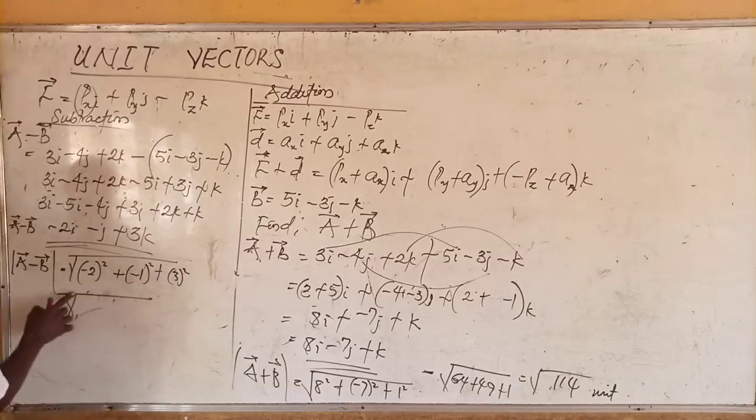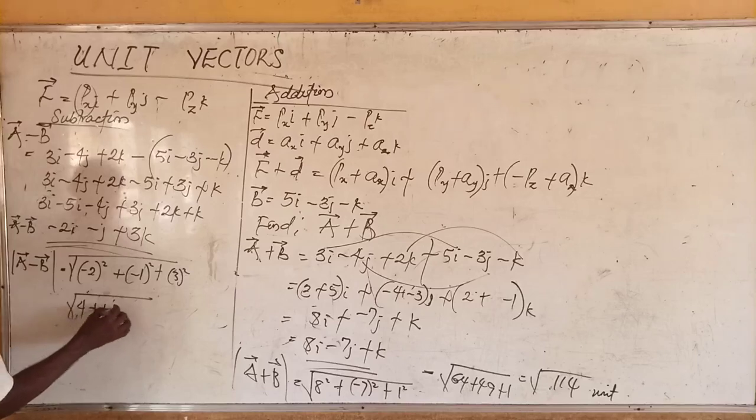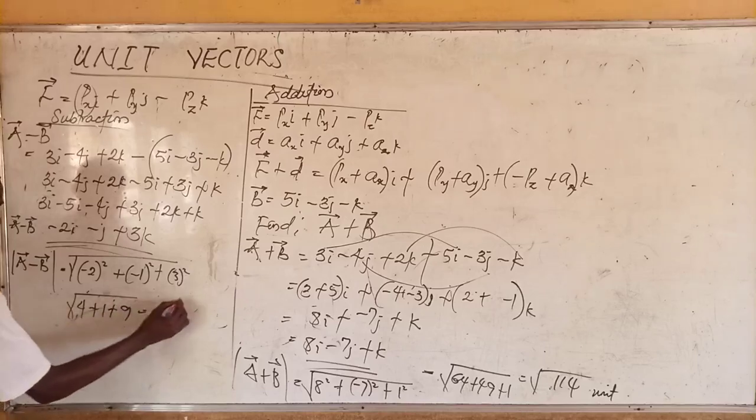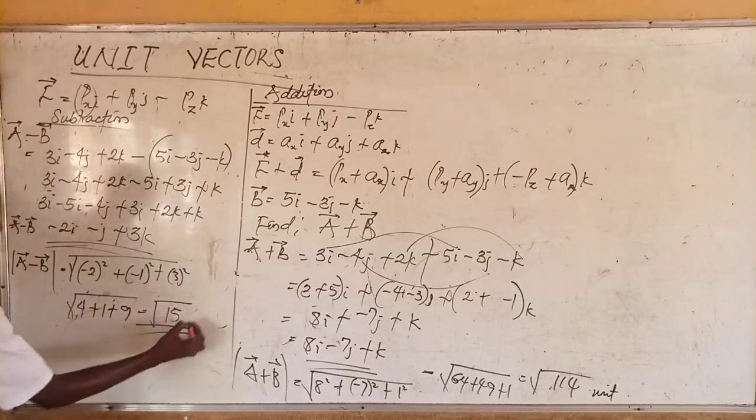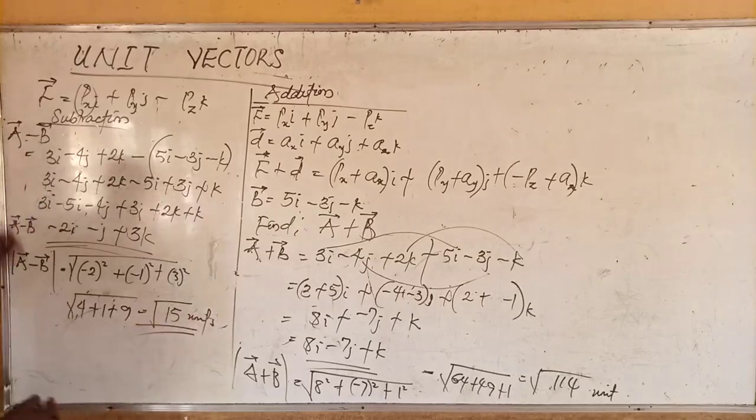And this becomes the square root of 4 plus 1 plus 9, and this is root 14, and that units. All right, and that will be the value of this vector.